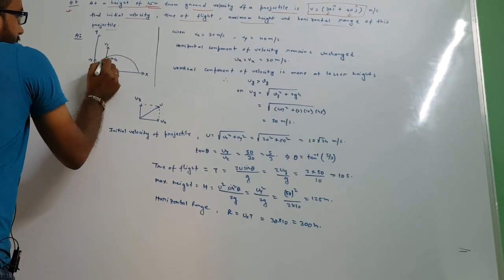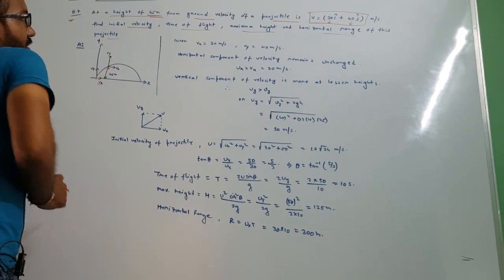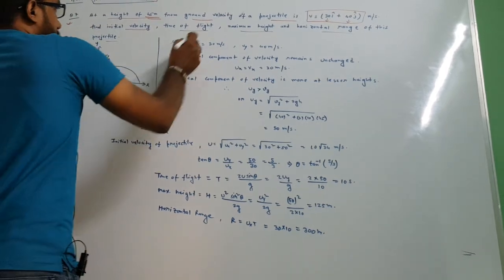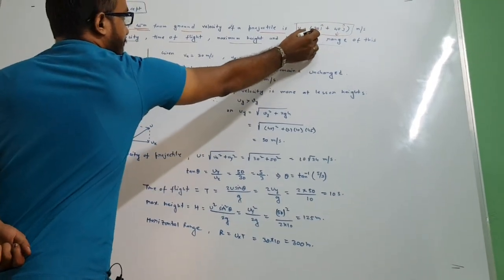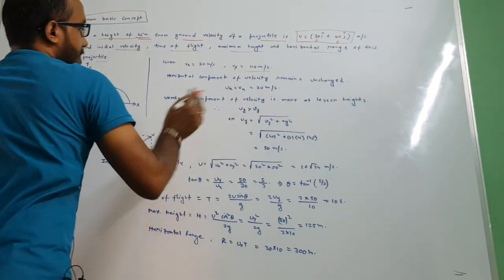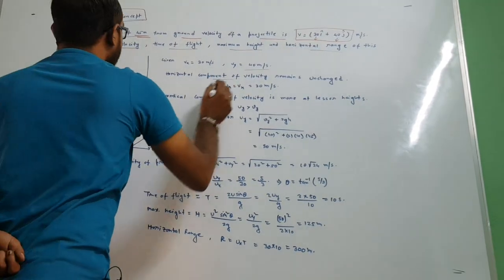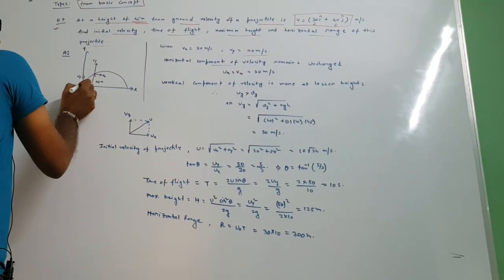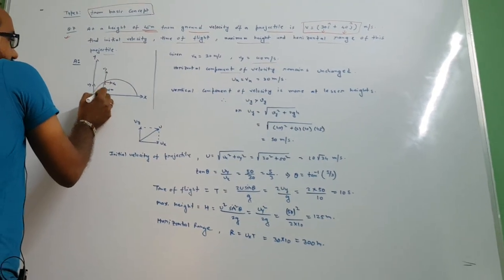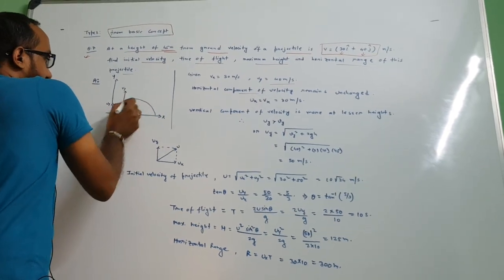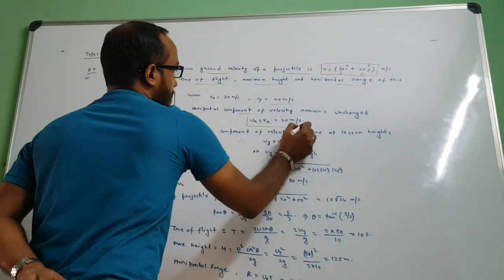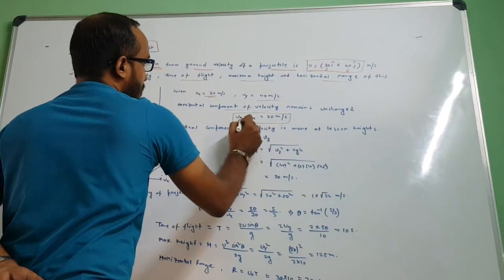That means the particle is at 45 meter from horizontal. So vx is 30 and vy is 40 meter per second. We know from the basic concept that horizontal velocity never changes. So vx and ux are same, right? So ux is 30 meter per second.